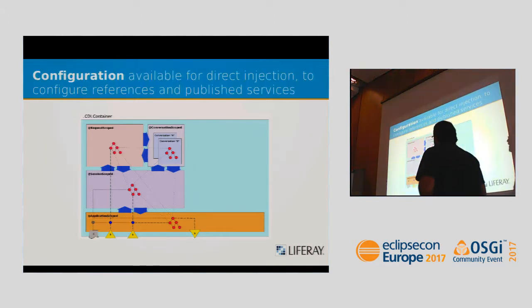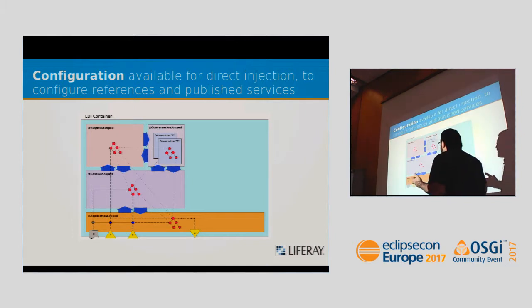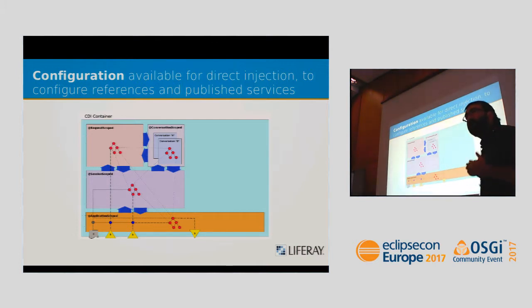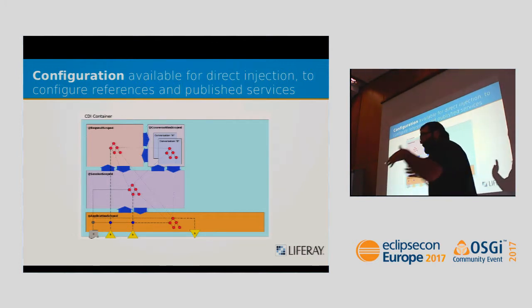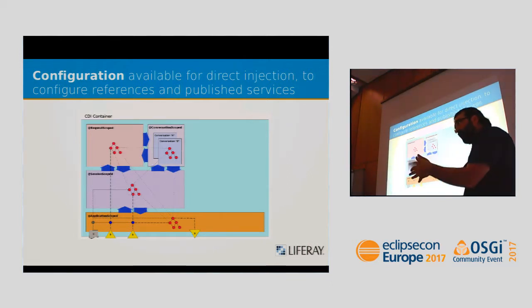Now, furthermore, we really want to integrate with configuration admin. We want to make sure that we can observe configuration and then use that as a dependency. We want to use it for multiple different purposes. For one, we'd like to be able to inject the configuration itself into an injection point somewhere so we can interface with it and read the values.